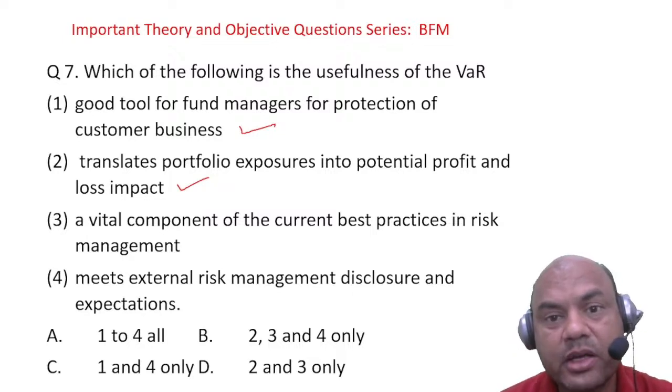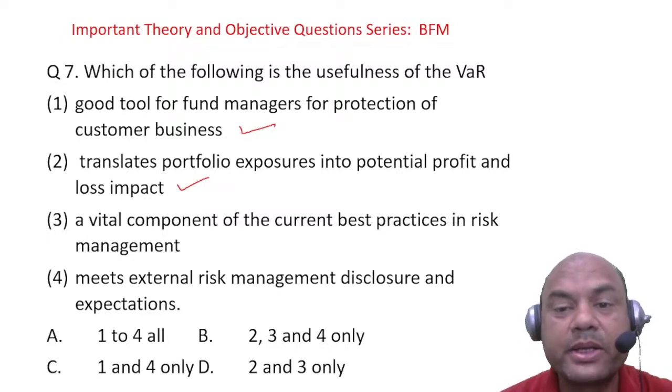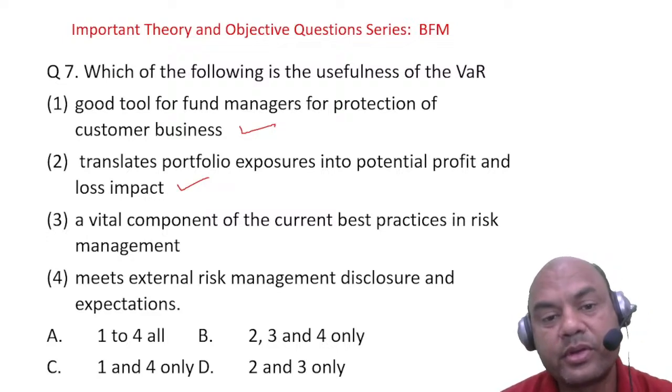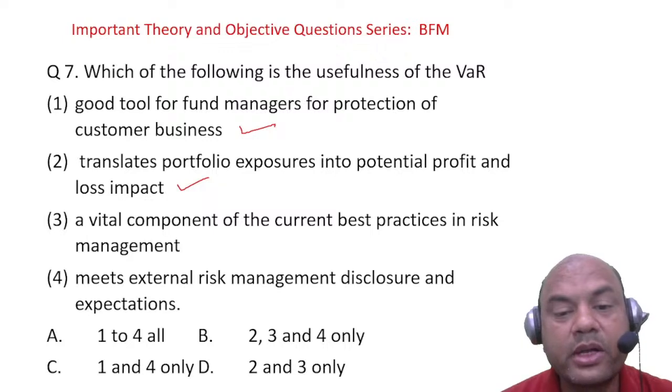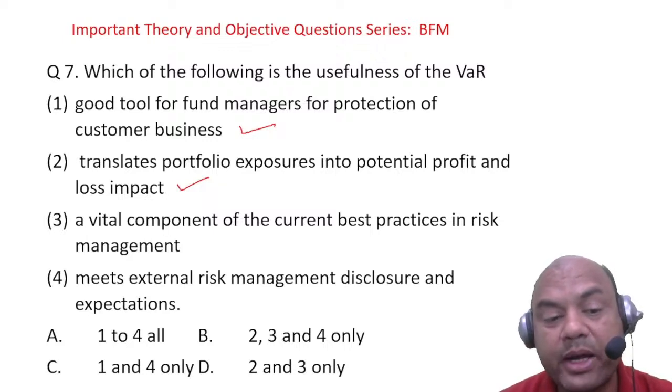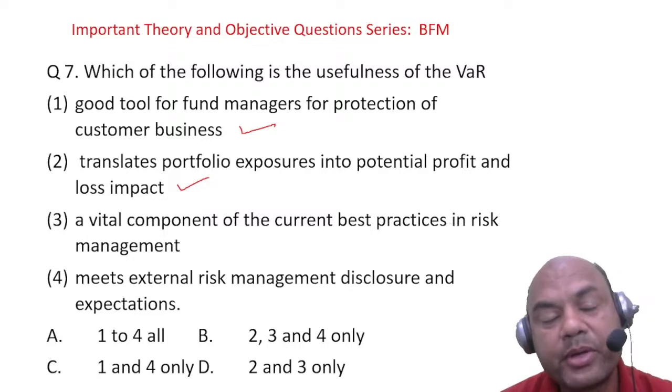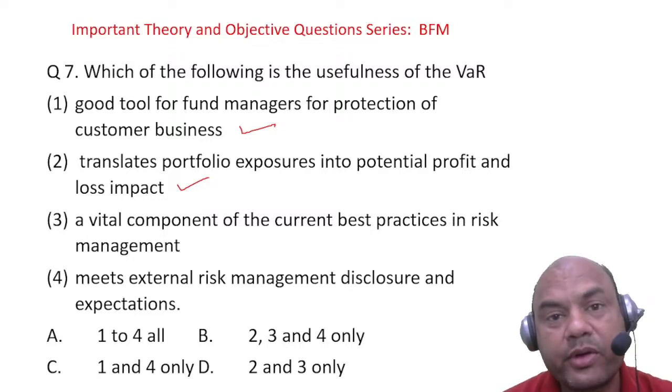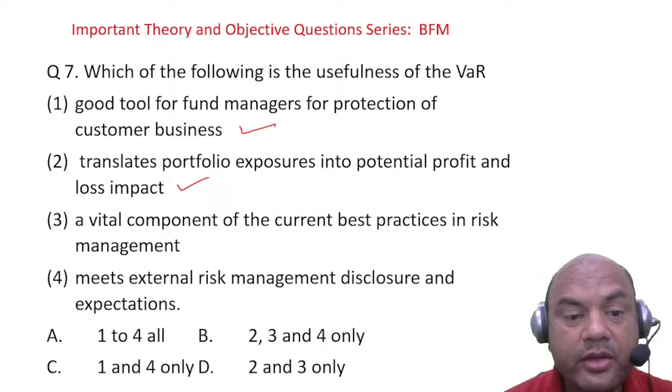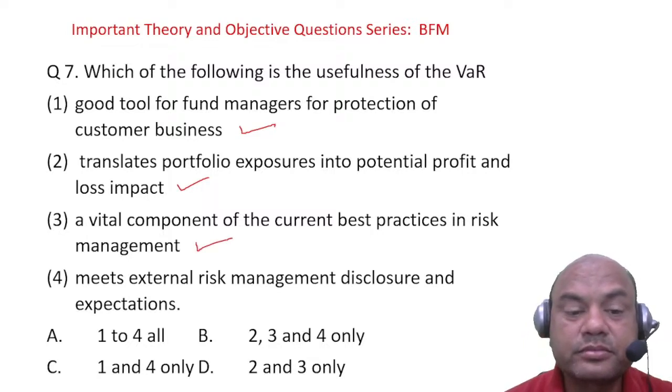Banks predict based on your VAR. A vital component of the current best practice in the risk management. Remember, VAR is the best tool nowadays available for any banking calculation. So C is also the answer.